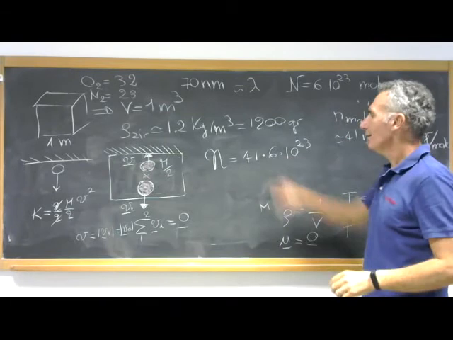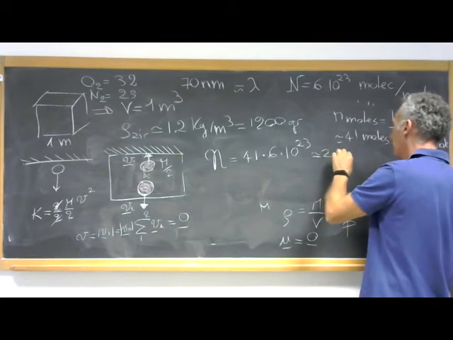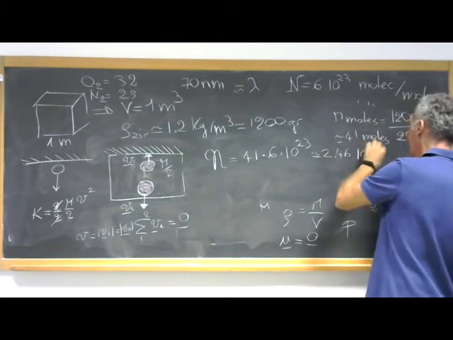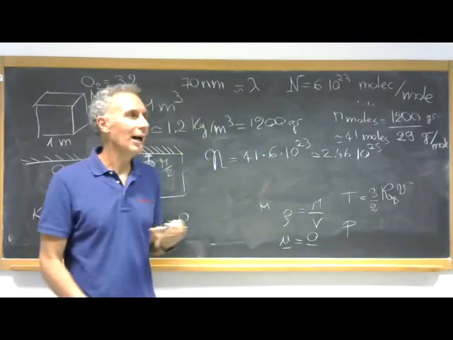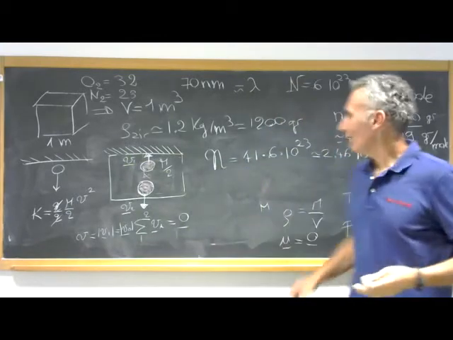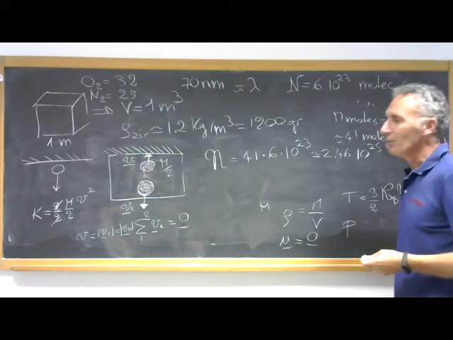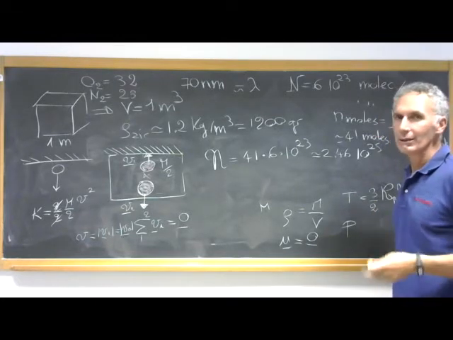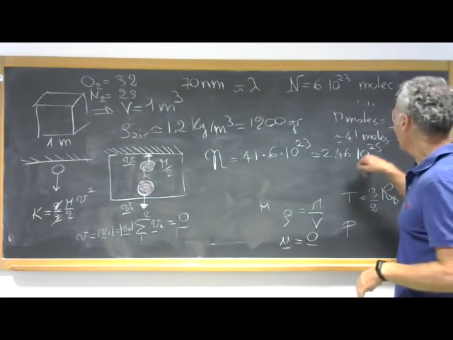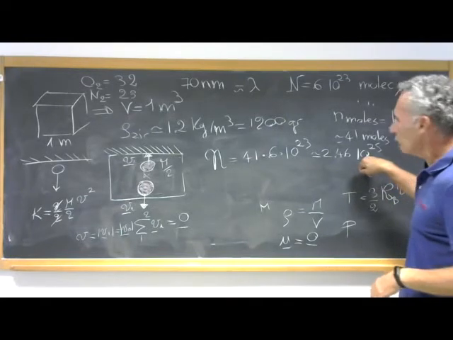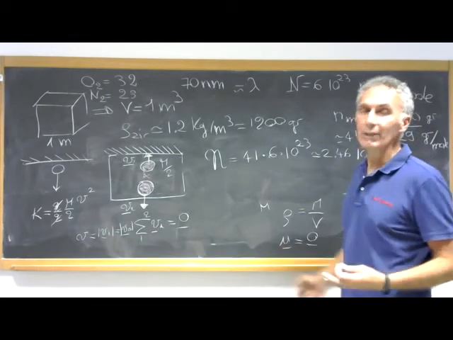Now this would be 246, and then this would be 2.46×10^25, which is such a huge number that I have problems pronouncing it. 10^9 would be 1 billion, 10^18 would be 1 billion of billions, so in the US it would be 1 quadrillion, and then this 10^25 would be 25 million of quadrillion molecules.